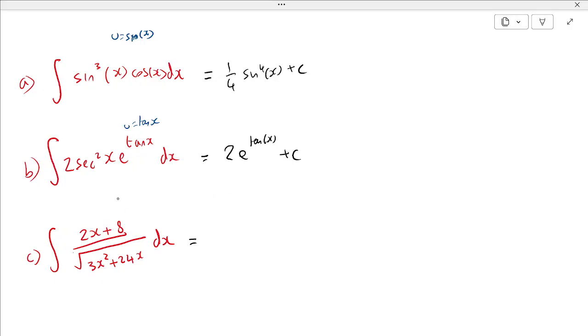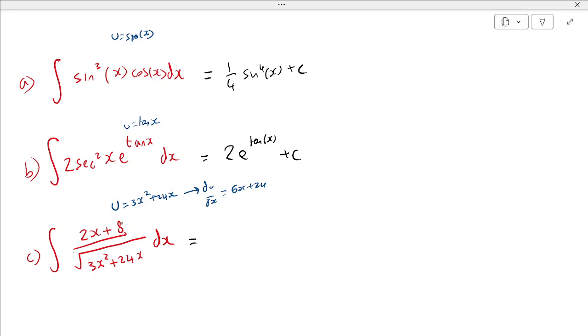Okay, the very last one, your choice for u was 3x squared plus 24x. Reason is, the derivative here, if you do it, is 6x plus 24. And that is exactly off from this by a multiple of 3.